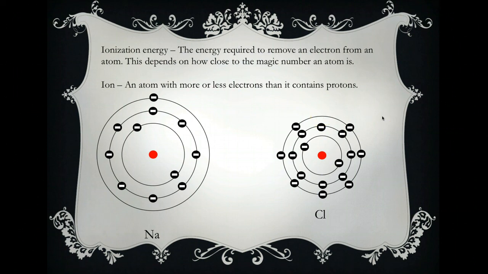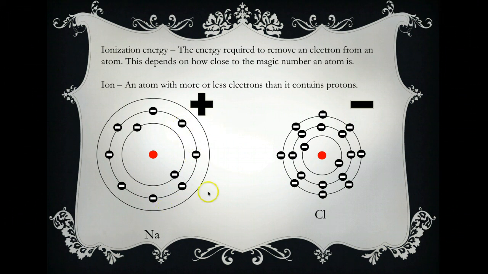So if sodium were to give away its electron, chlorine would have a full valence shell. If we get rid of this shell, then sodium now has a full outer valence shell. So they're both happy.